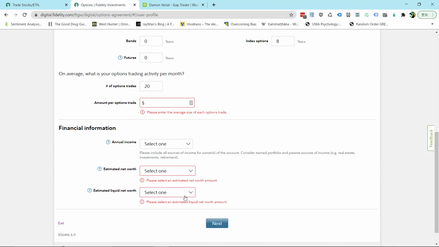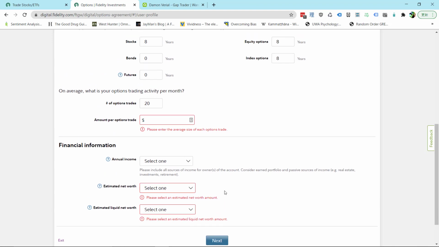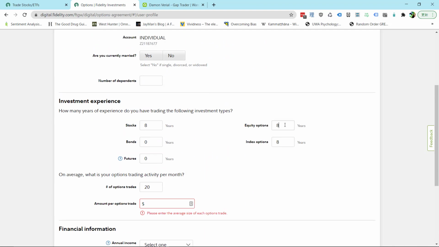Include whatever you got, like your savings, your car, whatever you can sell quickly to make a margin call, and your options experience. You want that at least 1 year. Don't put 0 if you can avoid it, and if you have to put 0, well, don't. Just do a little paper trading for a bit, and then round up to a year. Why not?